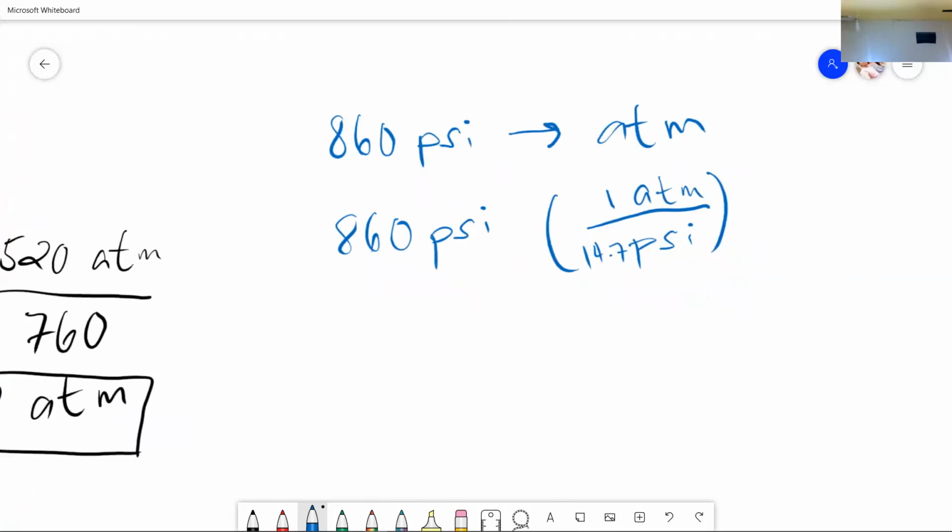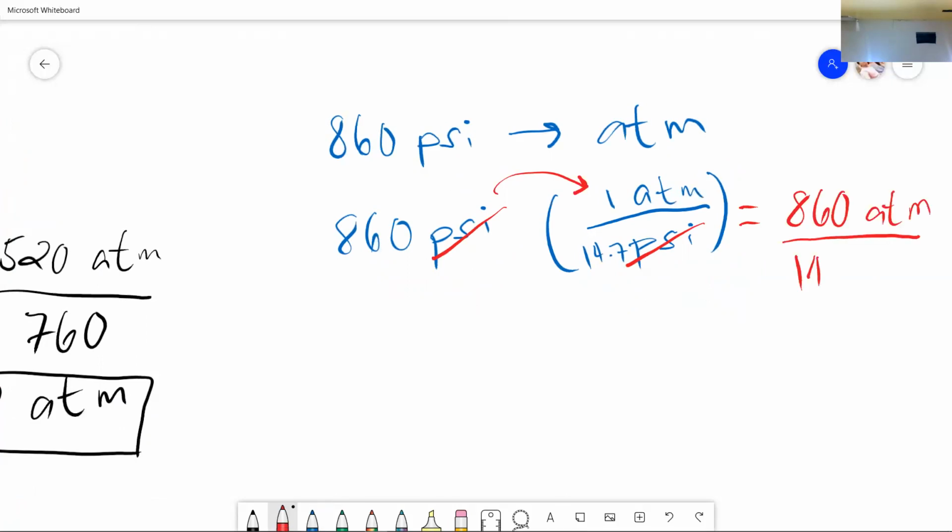Next, cancellation of the units. Cancel the unit psi, cancel the unit psi. Get the product: 860 ATM divided by 14.7.